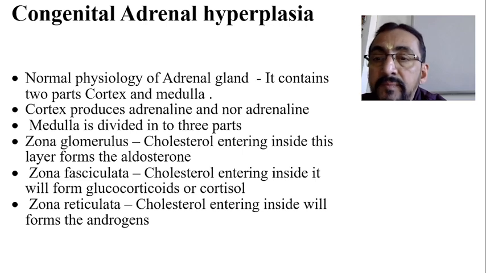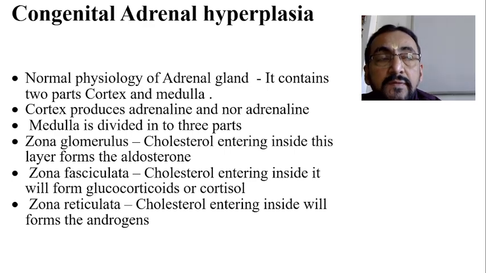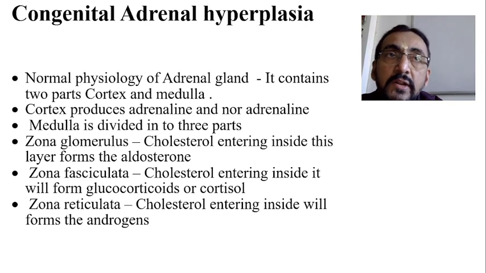Now, actually the zona glomerulosa, fasciculata, as well as reticularis produce the mineralocorticoids or aldosterone, cortisol, and androgens. The precursor for all these three is nothing but cholesterol.